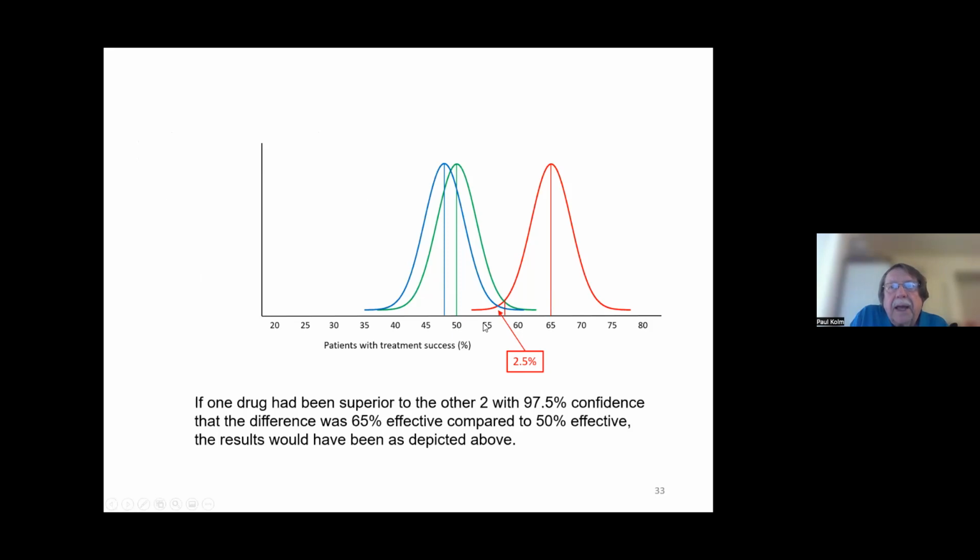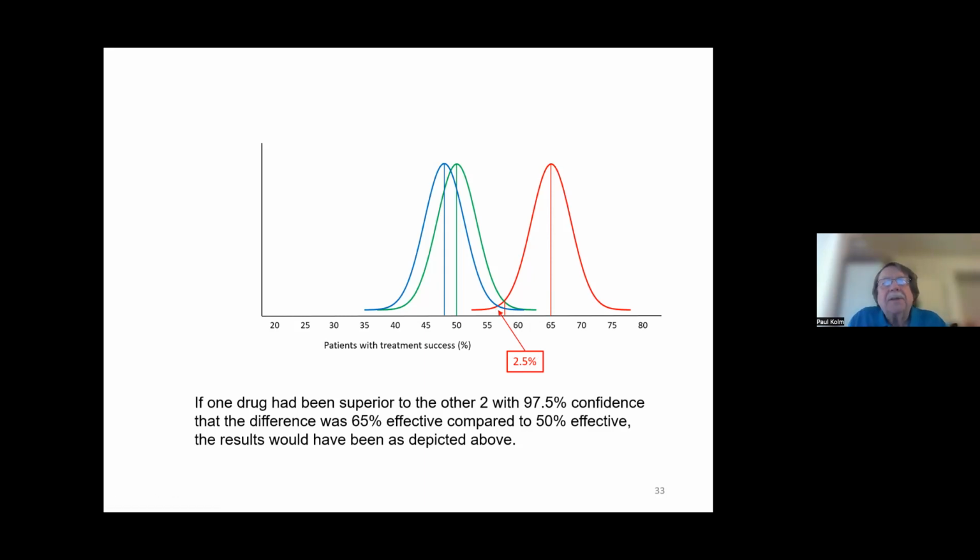Had there actually been a difference between one of the drugs versus the other 2, then our illustration would have looked like this, where with 97.5% confidence, we would have had just 2.5% in our alternative distribution overlapping with the null distributions.